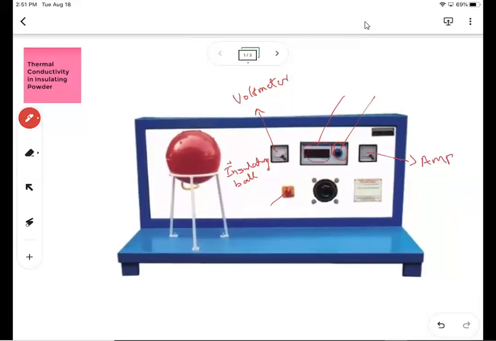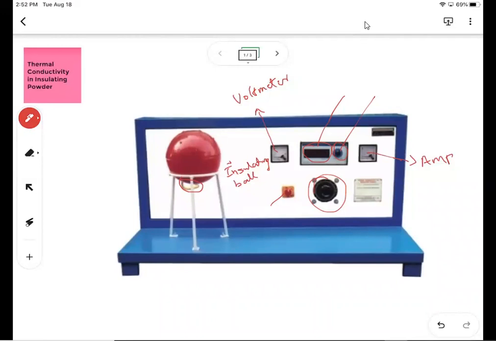And if you rotate this one, you can control the heating of the coil. As you can see over here, there is a wire going inside this ball. It goes till the center of the ball, and as I said, in the center there is a heater.